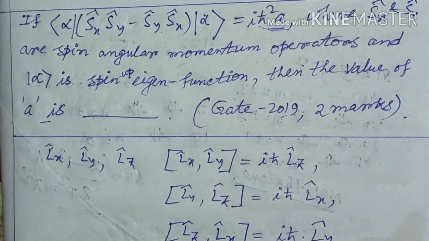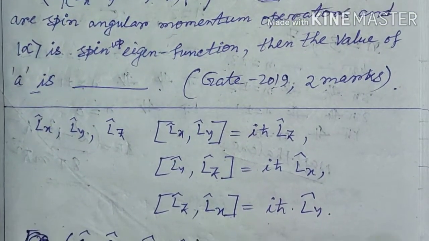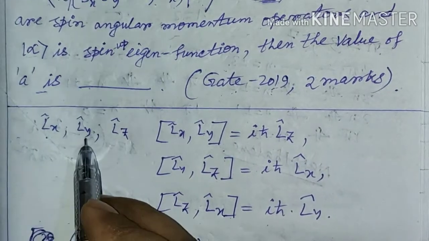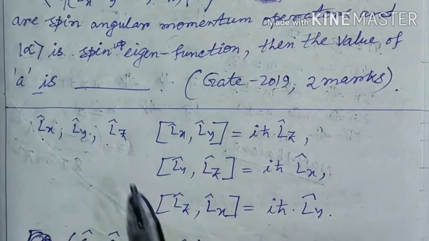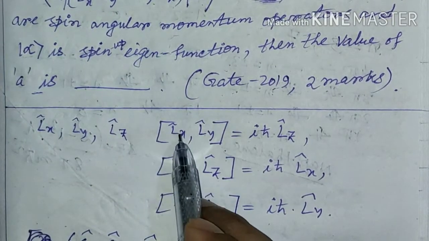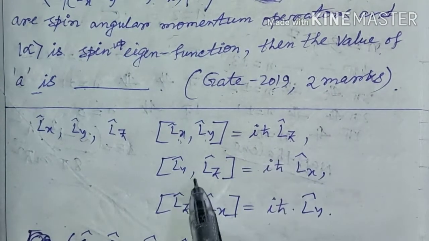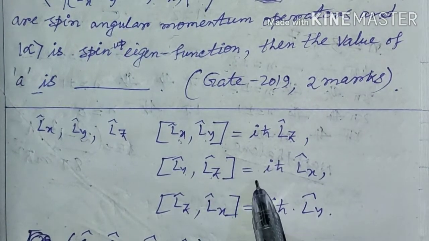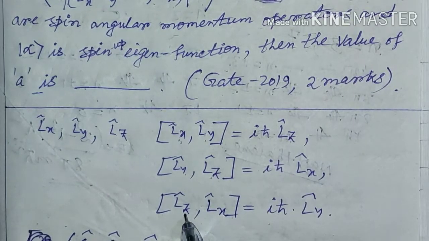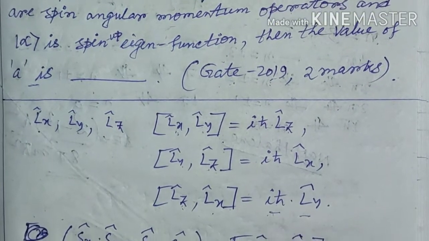To solve this equation, we have to know some quantum mechanical formulas, that is the angular momentum operators Lx, Ly and Lz. The relation among them is, we know that the commutator of Lx and Ly is equal to iħ Lz. Similarly, the commutator of Ly and Lz is equal to iħ Lx, and the commutator of Lz and Lx is equal to iħ Ly.